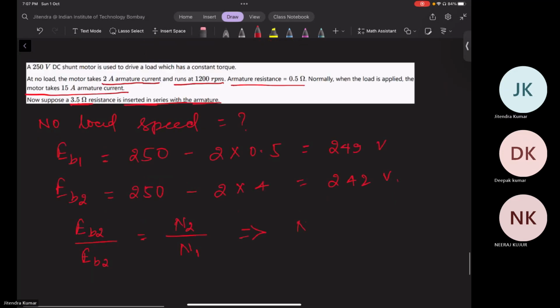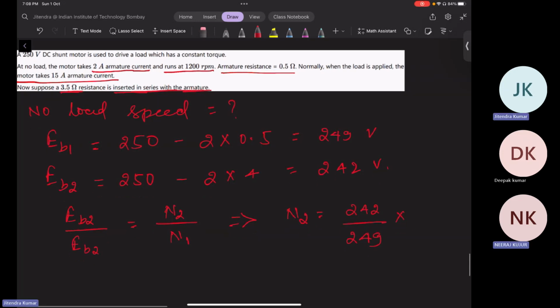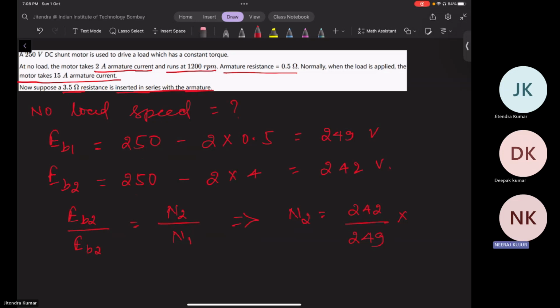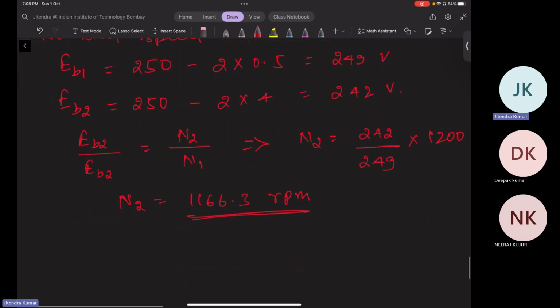Yes, sir. N2 will be smaller. Exactly, that's what will happen. So 249 into 1200, N2 will be something around 1166.3. Any doubt in this?